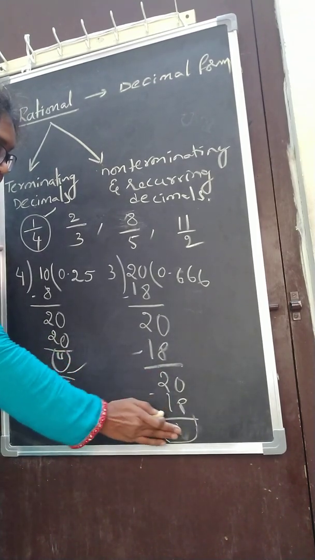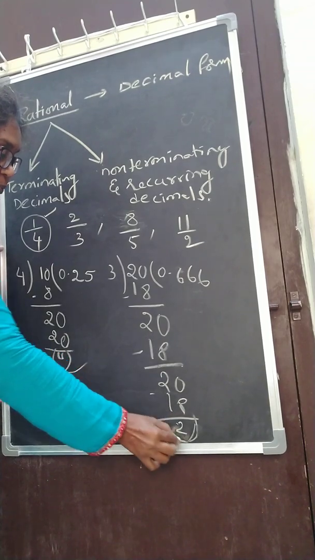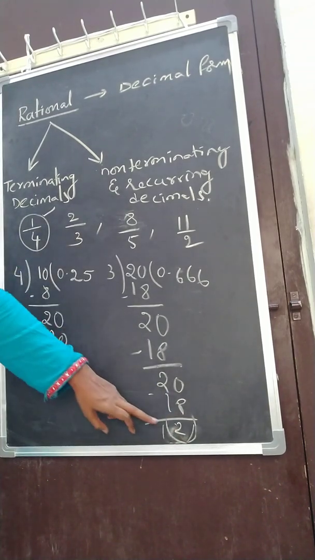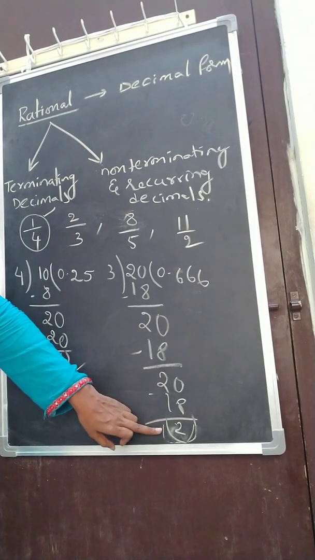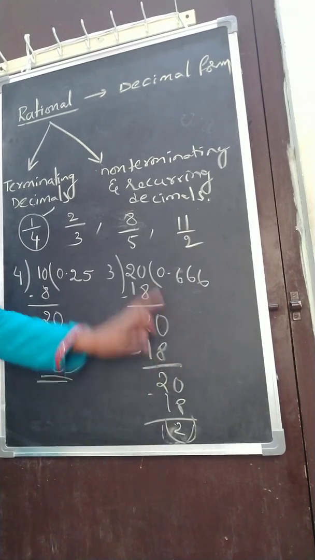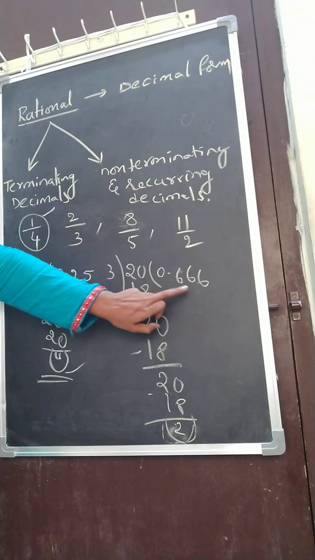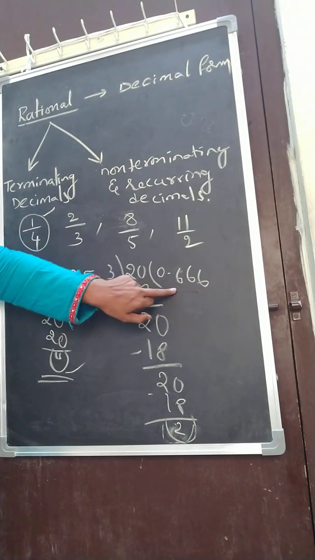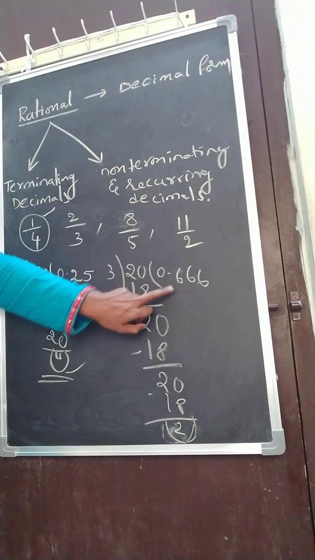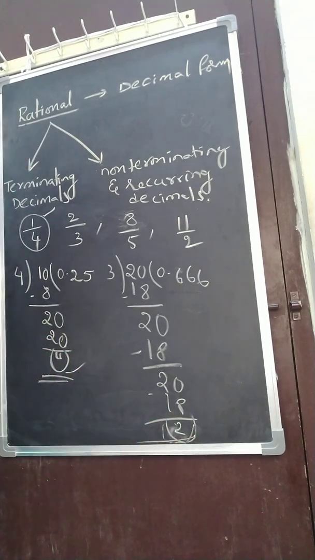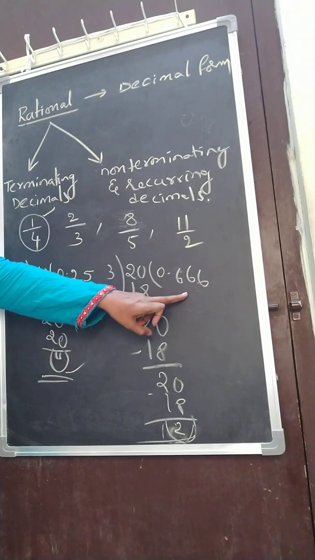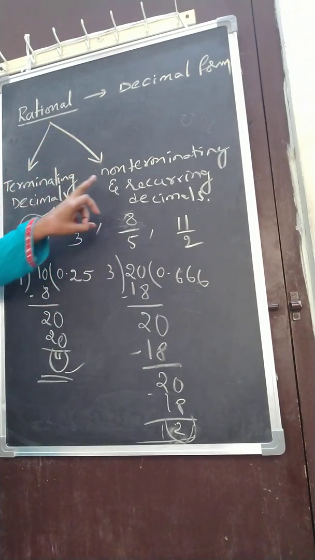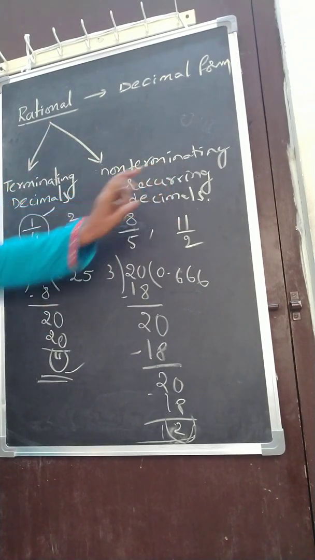The remainder is 2 here. It's not 0, so the division is not finished, and the quotient is also repeating the same number. That's why we call this non-terminating.